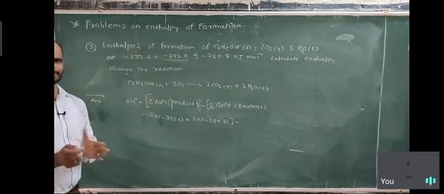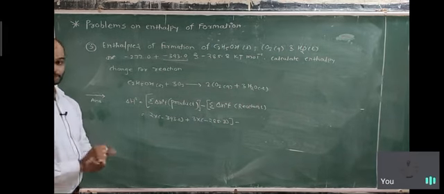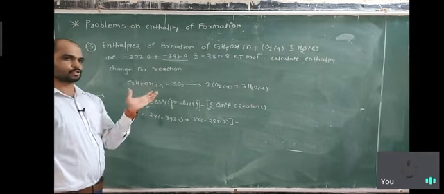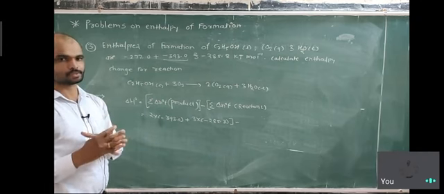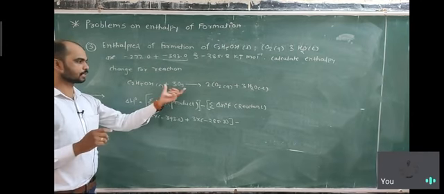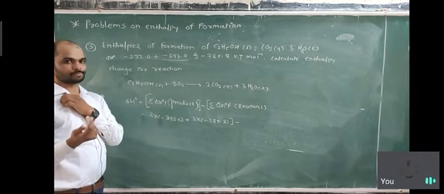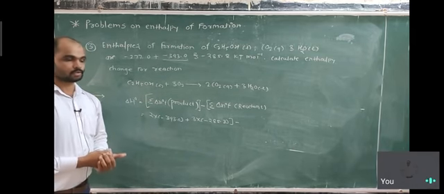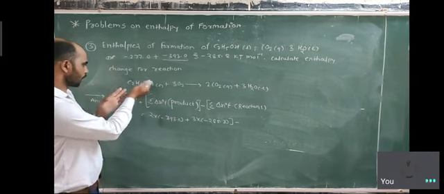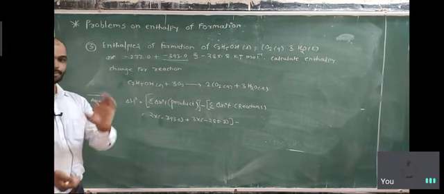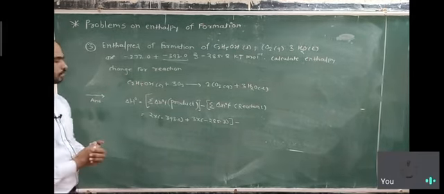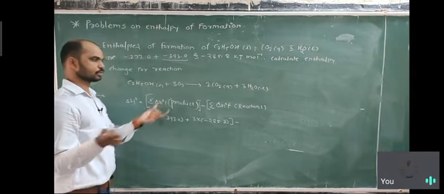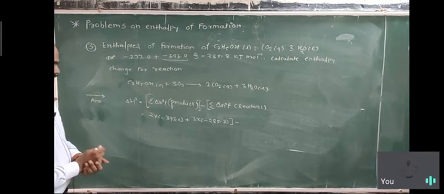O2 is in elemental form in nature, O2, H2, etc. Because they are not formed by the combination of two different kinds of atoms. There are homo atoms, the same atom, so it is not formed. It is naturally available, H2, O2, but other than that, where heteroatoms are present in a molecule, it is formed by different combinations. At that time a heat of formation exists. Otherwise for O2 and H2 there is no heat of formation.